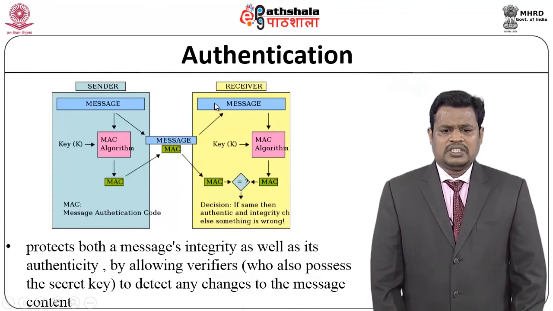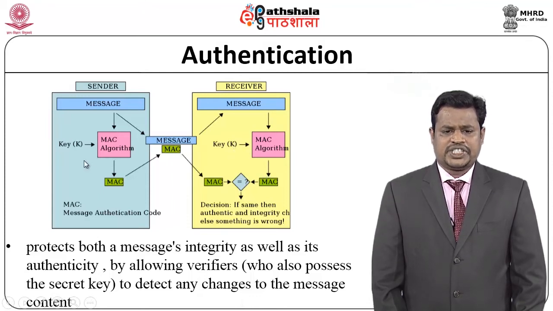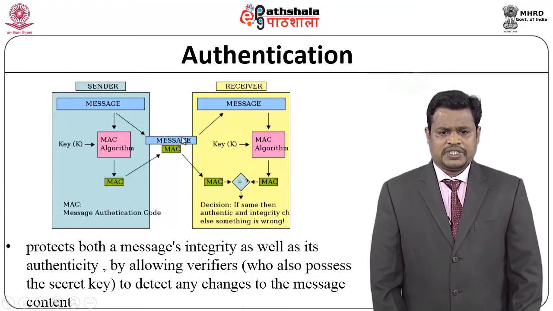So now the process happens on the receiver side. After receiving the message, the receiver has to regenerate the message authentication code. For regenerating, they have to use a key which has already been shared before sending the message.